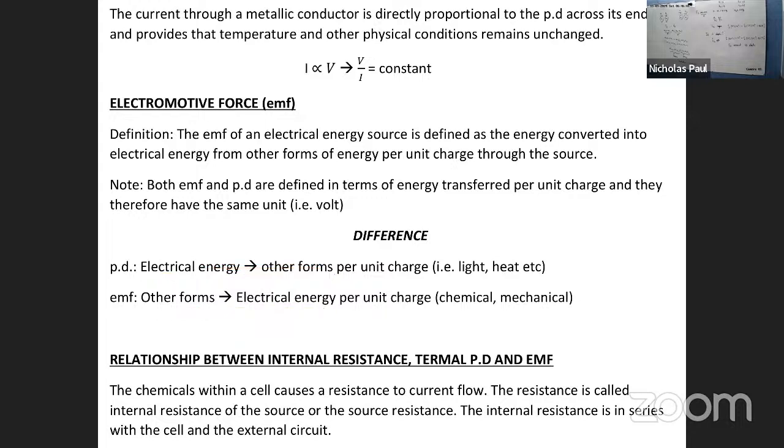Tell me what this voltmeter measures, and what this other voltmeter measures.